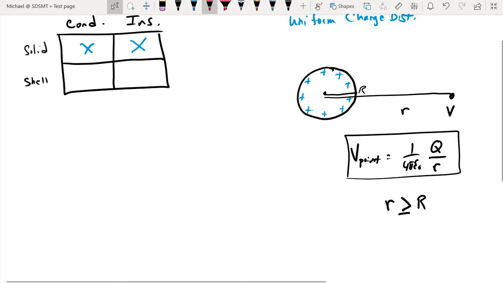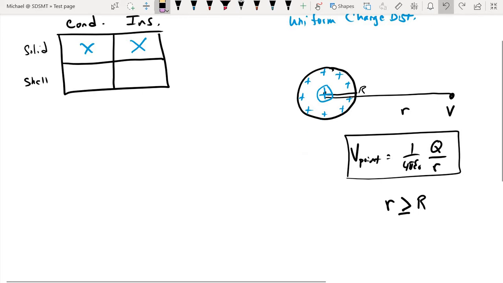We can once again use the center of charge argument to say that all of the charge on the sphere is going to collapse down to a single point at the center, and we're right back to this analogy again. So there's the solid conductor, there's the solid insulator.